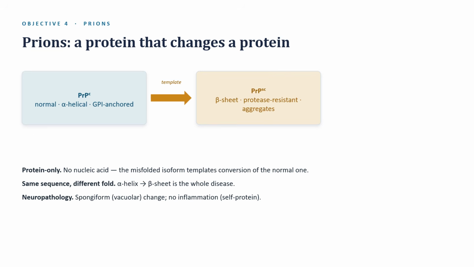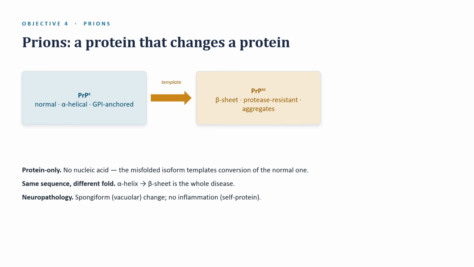That brings us to true prions, genuinely one of the strangest ideas in biology. A protein that changes another protein with no gene and no nucleic acid involvement. On the left is the normal cellular prion protein, PrPC, a normal, mostly alpha helical membrane anchored protein.